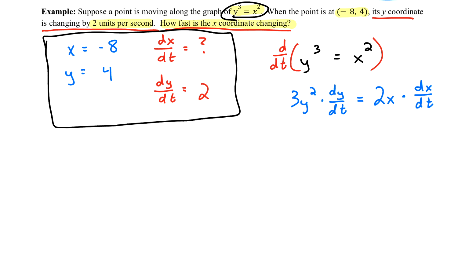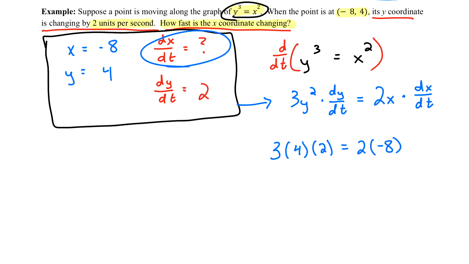And now I can take all that information that I laid out so nicely before and just plug that into the derivative that I found. So let's do that. 3y squared, we said y was 4, times dy over dt, we said that was 2, is equal to 2 times x. Here in this problem, x is negative 8, times dx over dt.